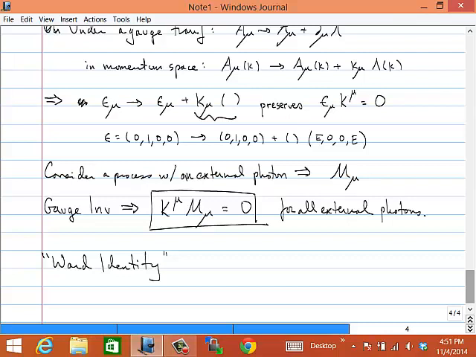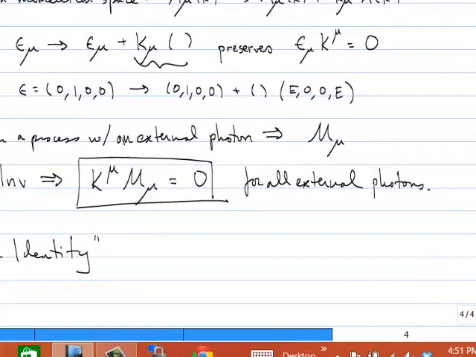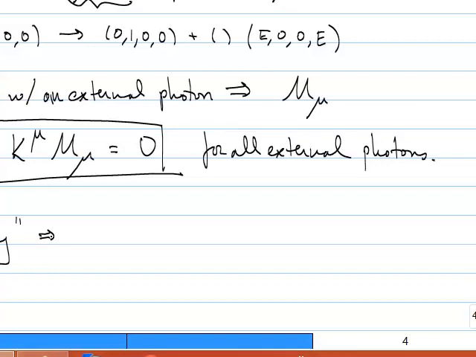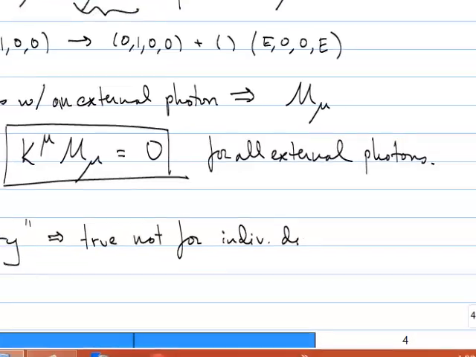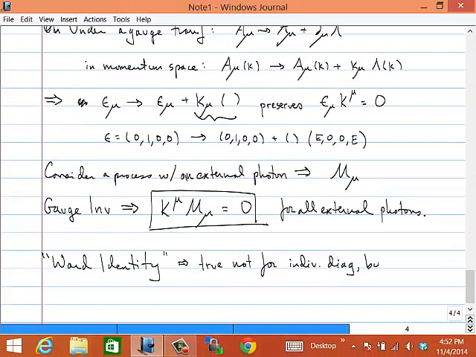Okay? So for example, individual Feynman diagrams that can contribute to a scattering amplitude will not individually be gauge invariant. They'll only be gauge invariant when you sum them all up. Okay? And so we'll consider a very simple example of this. But the important point is that this is true not for individual diagrams, but only when we sum them up.